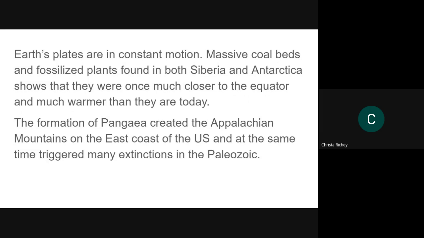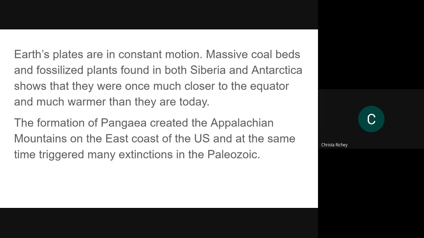When Pangea came together over 400 million years ago, it raised the Appalachian chain on the East Coast. And that's the Urals over in Germany. That's the other side of it. This actually triggered an extinction event because of glaciation.